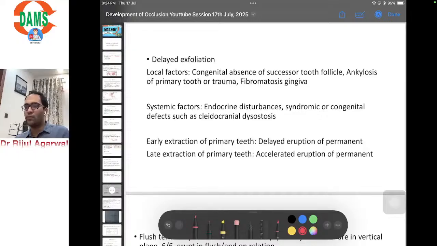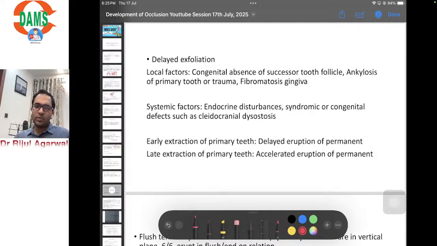So there is no clear-cut demarcation that this is a question from ortho, this is from prostho, this is from oral pathology. So do not pay heed to that demarcation which comes in your prospectus. You should be more worried about your topics and study well.